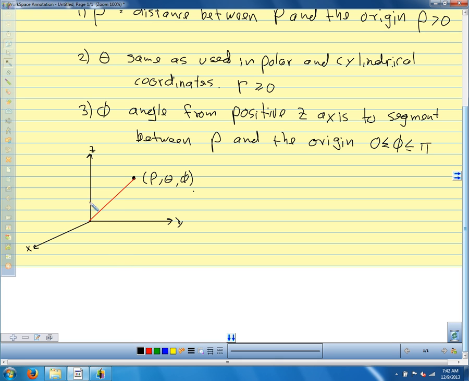All right, so this angle from the positive z-axis to this segment is phi. And if I project the point down onto the xy plane, like so, parallel to the coordinate axes.